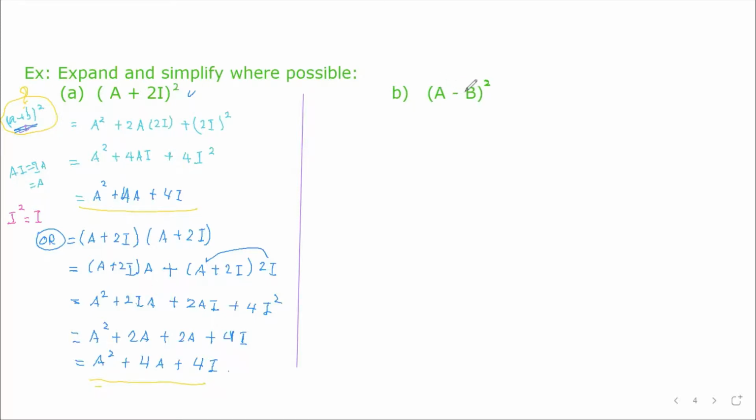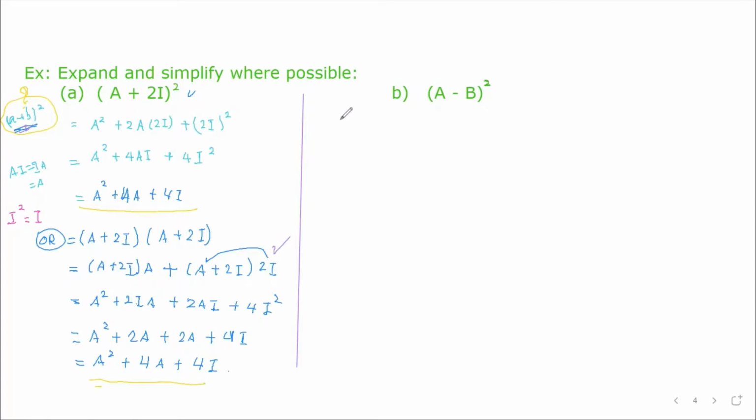And also matrix A and B are different matrices, so when you multiply, matrix A and matrix B are not the same. So in this case, it is better to use the second way here.